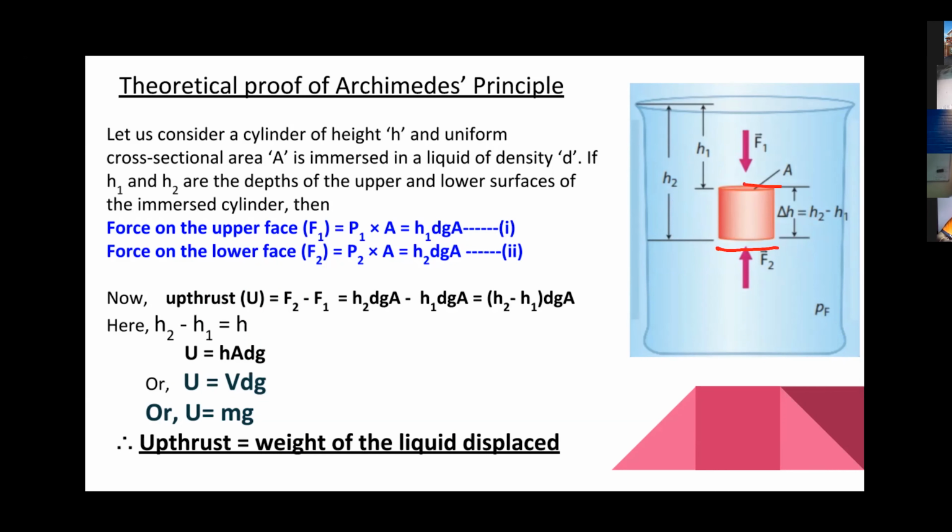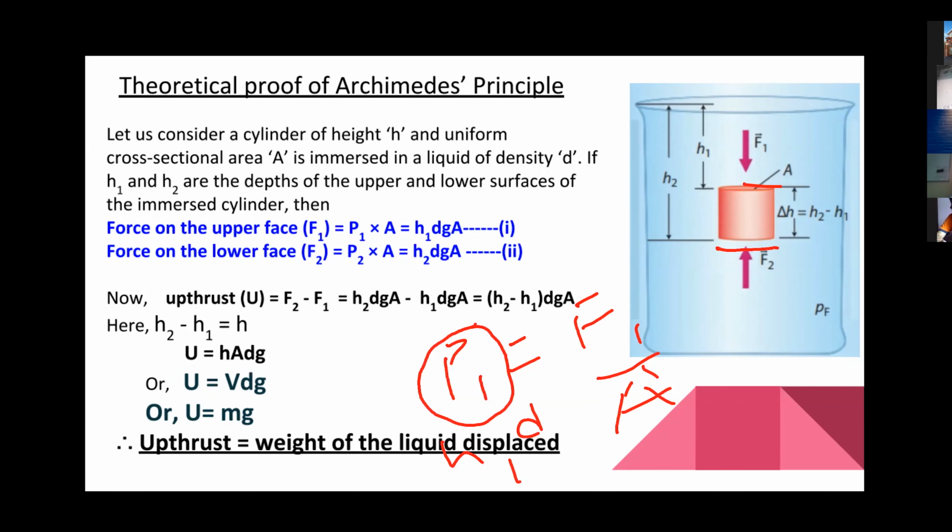If we take that P1, the pressure at the upper face, is given by F1 by A, where A is the area of this cylindrical body and F1 is the force acting on the upper face. When we replace it by the liquid pressure formula, P1 we get H1dg.